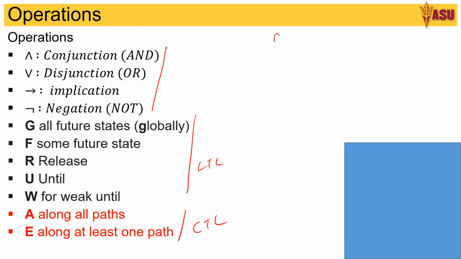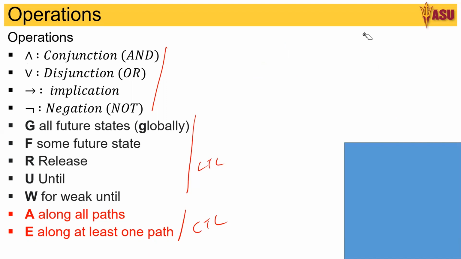So diagrammatically, if you have these, then A would imply that all these paths satisfy whatever comes in the formula, while E implies there is at least one path, so it could be one or more of the paths. So this is CTL and the two new additions to make it CTL.